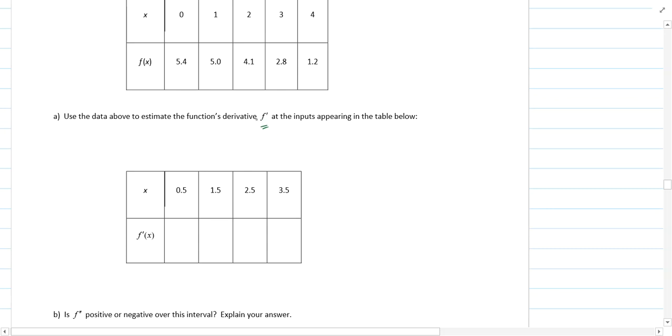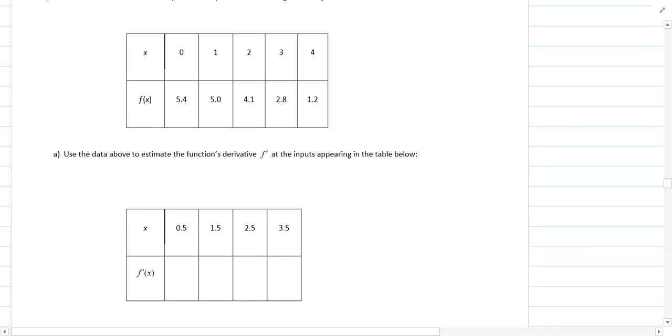Now, there are lots of ways to predict or estimate a derivative, especially derivative values given inputs. We could try to do some curve fitting or find the equation that represents these data points. But what I would recommend, since these x values for the derivatives exist so nicely in between the x values of the function inputs, is I would simply use the notion that a function's derivative is really just a measure of the change in y over the change in x.